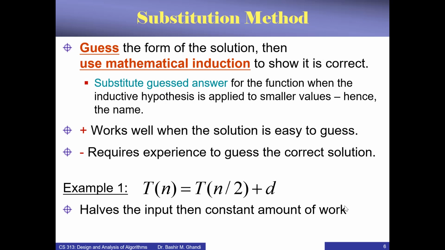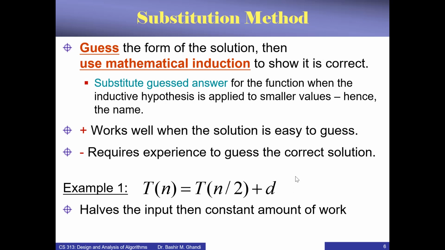In binary search, the assumption is the elements are sorted. So you find the middle index and compare that element with your target. Locating the middle element and comparing it takes constant time, so you can assume that is d.